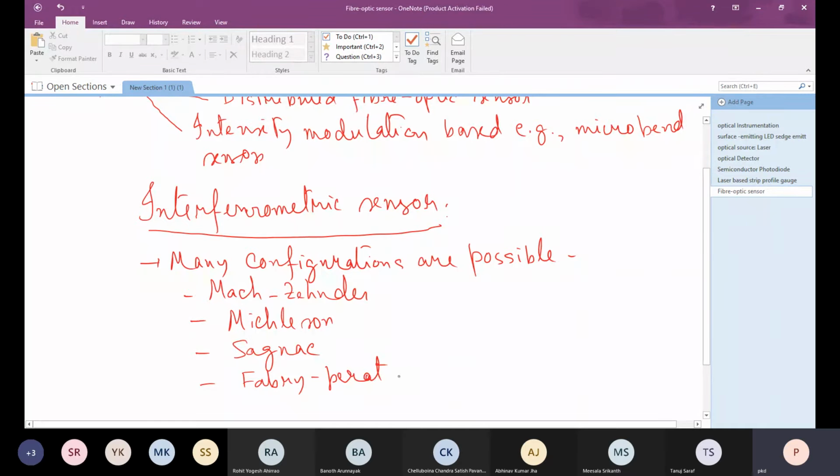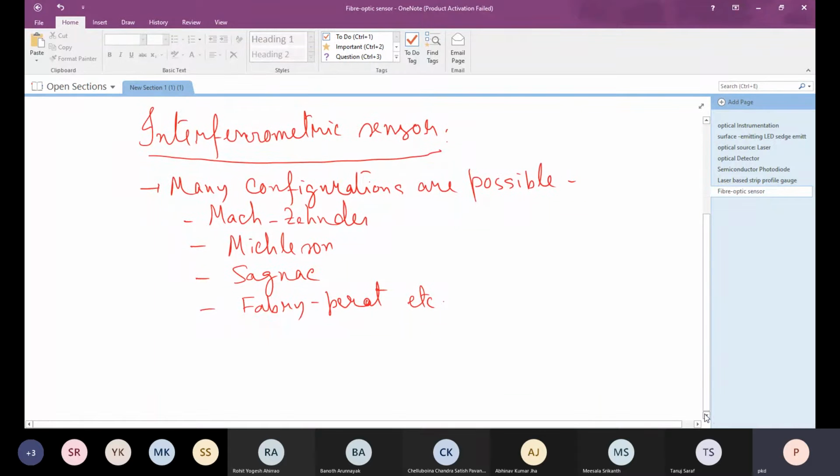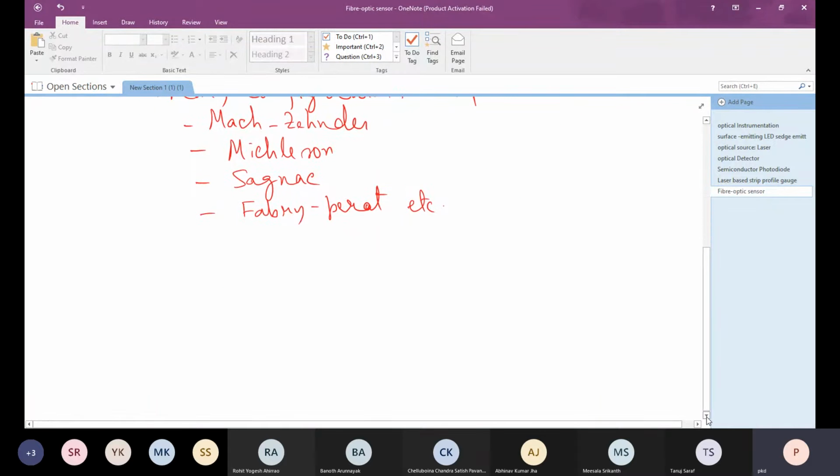All these are various interferometric configurations, and all of them can be implemented using optical fibers.